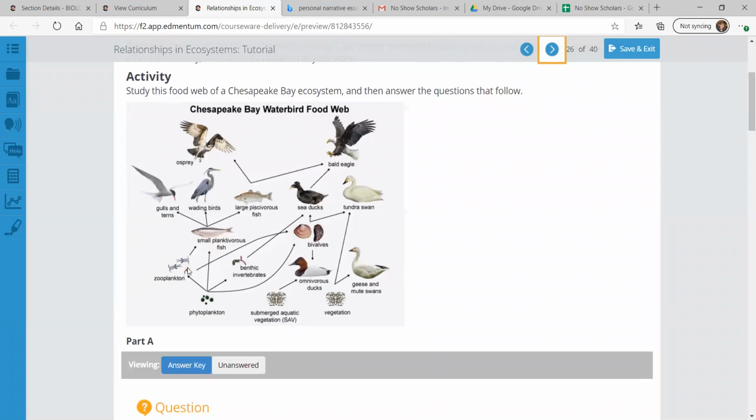And these move on to the next level, benthic invertebrate, zooplankton, and then small fish or clams, and then larger fish eat them or larger birds, and then larger birds eat the fish or even small ducks.